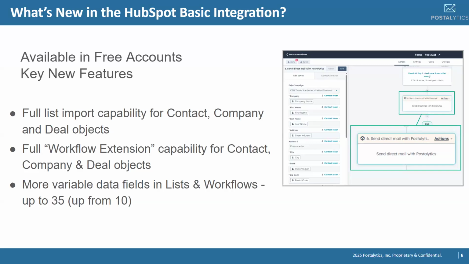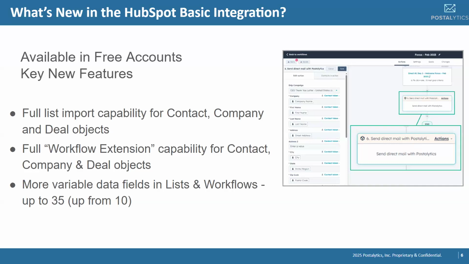We've also grown the number of variable data fields that you can import through both lists and workflows up to 35. And so a dramatic increase in the amount of data that you can bring into Postalytics and then use within your variable data tools in the editor, variable logic.